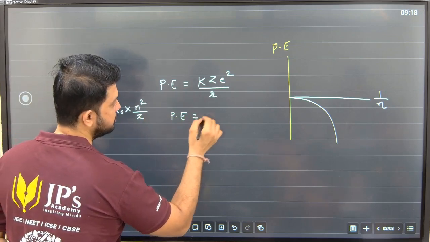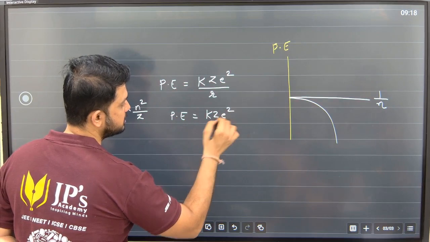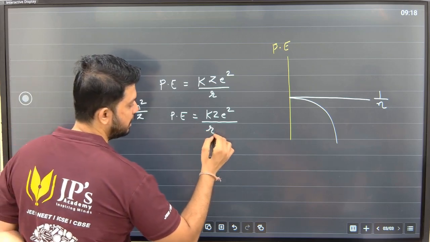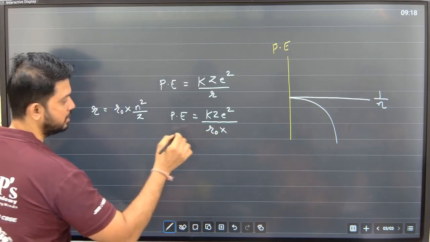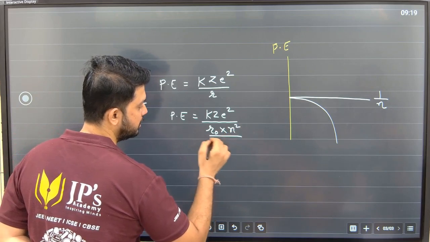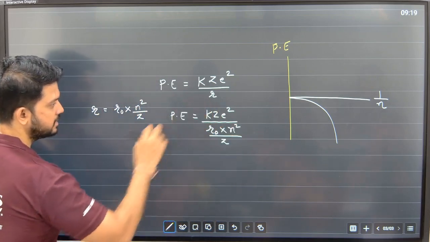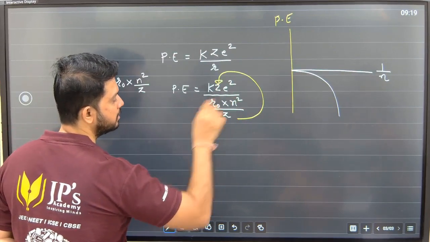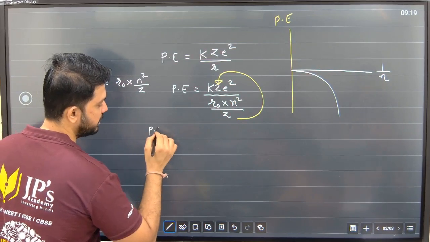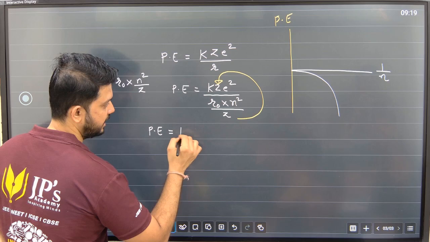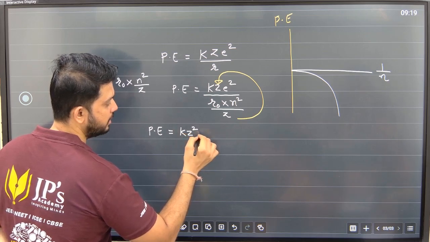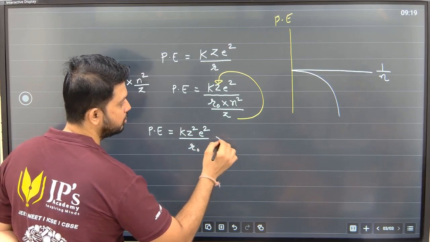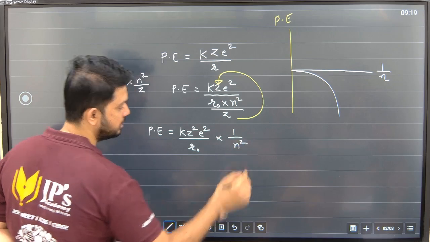Put that here. Potential energy is equal to minus kz E square over. Instead of R हम क्या लिखेंगे people? R naught into n square over z. ये z किधर जाता है? That goes up here. So what will now be the expression for potential energy? K z square E square upon R naught into 1 over n square.